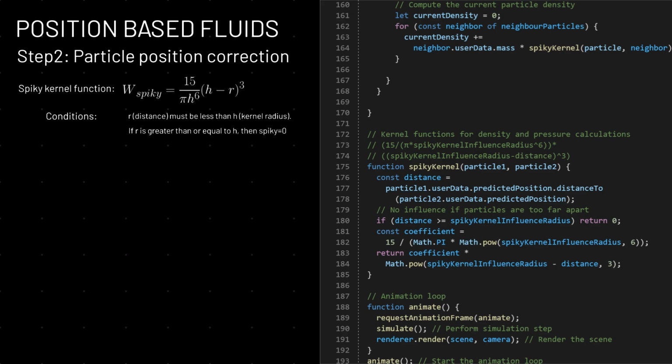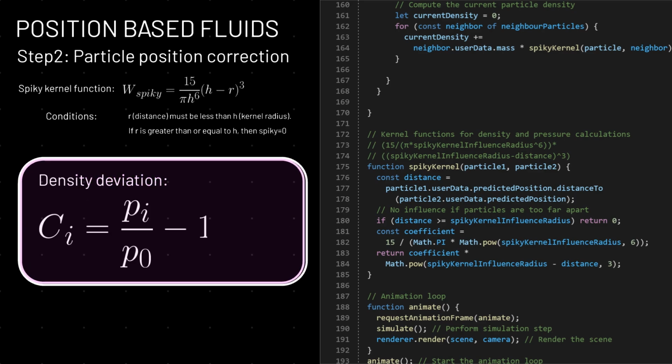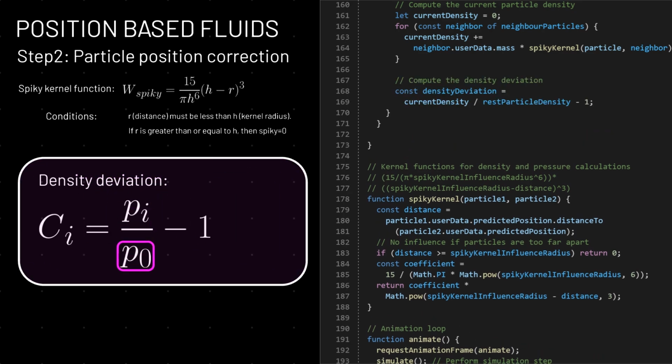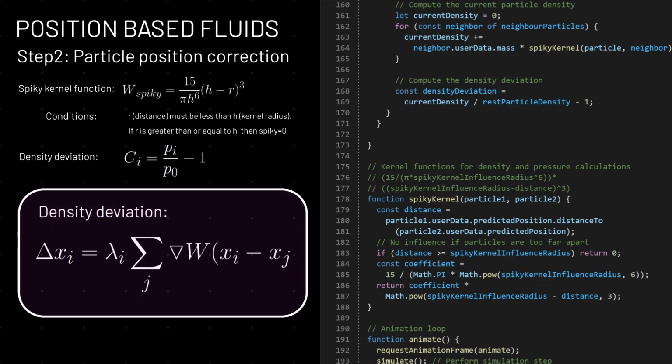To determine the deviation from the target density, we divide the current density by the target density or rest density and subtract 1. This gives 0 when the fluid is at rest density. So now to determine the adjustment we need to make to the particle's position, we are going to use this formula.